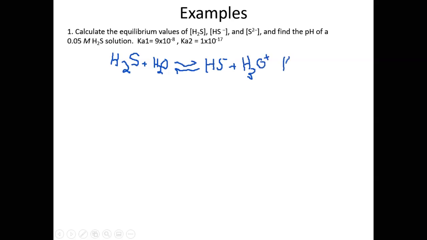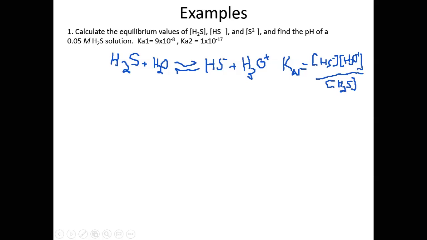And this is Ka1, which equals the concentration of HS minus times H3O plus over H2S. I know it's a little bit sloppy, but I'm freehanding this, so bear with me. So that's what Ka1 equals.